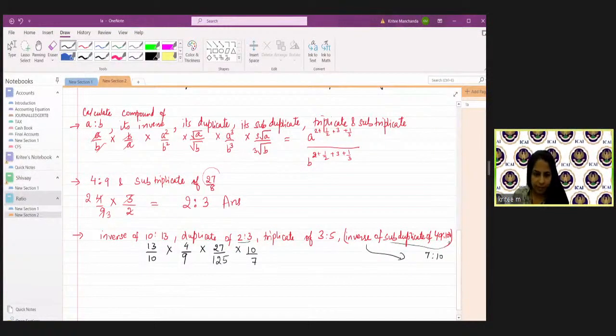Let's quickly get the answer. 9 threes are 27. 10/10 goes out. Anything else you can see that we can solve out of these? So I have 12 into 13, which is 156, and 125 into 7 is 875.